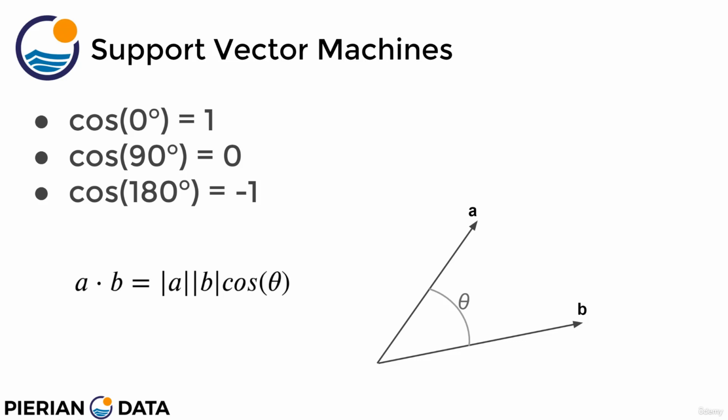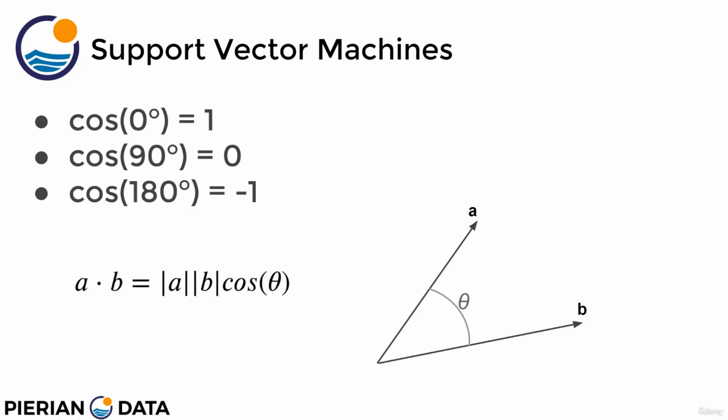Imagine that the angle between these was 0. Cosine of 0 is equal to 1, which means the dot product is essentially the multiplication of the magnitude of vector A and vector B. That makes sense because if the angle was 0, that means both these vectors are pointing in the exact same direction, meaning that they are 100% similar, so it should be equal to 1.